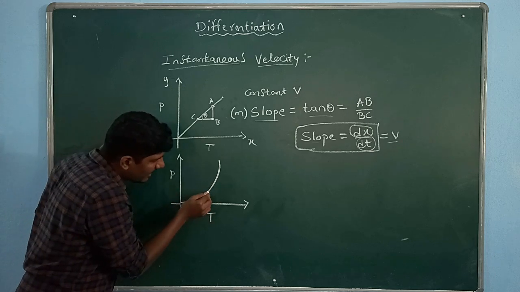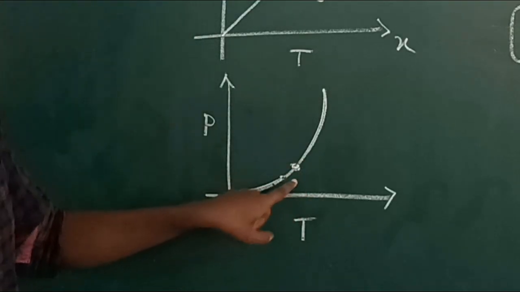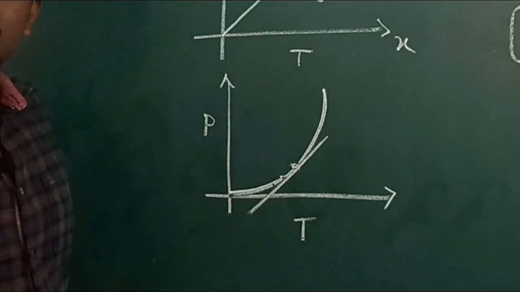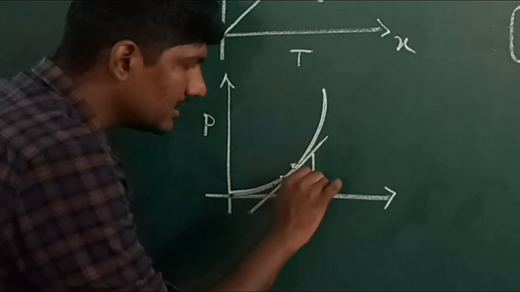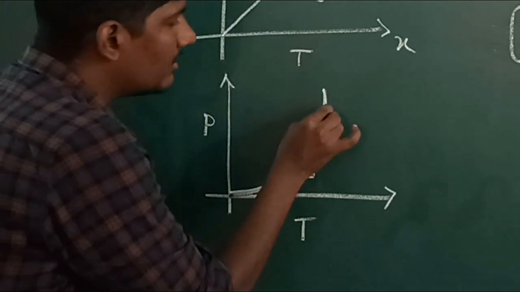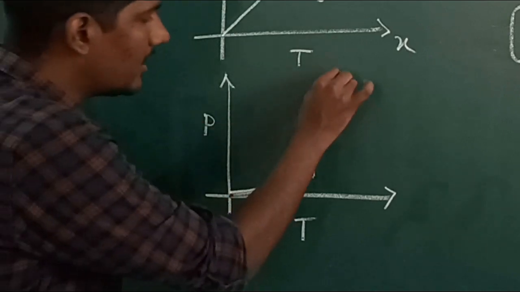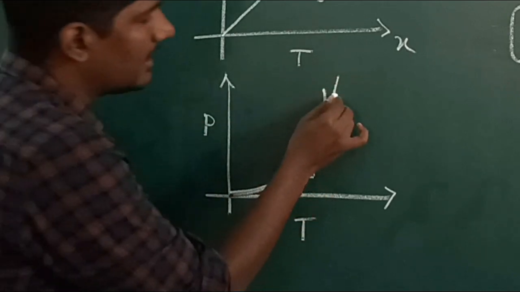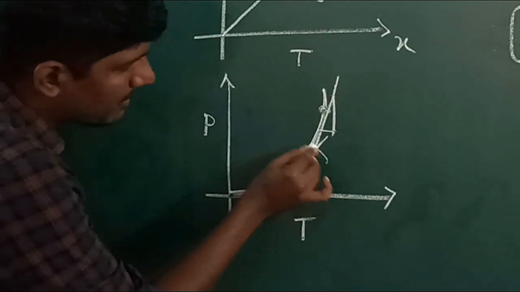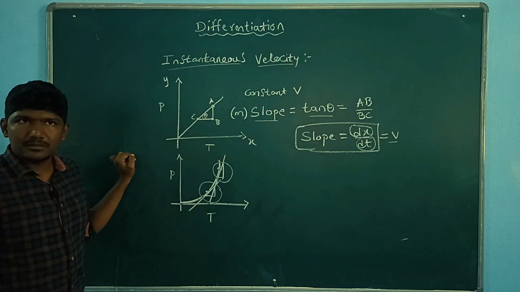For example, if I want velocity at this particular point, what should we do? You need to draw the tangent and to that tangent find out the slope. Next, if I want velocity at this other point, again draw the tangent and then find out the slope. In the first case and the second case, the velocity value is different.